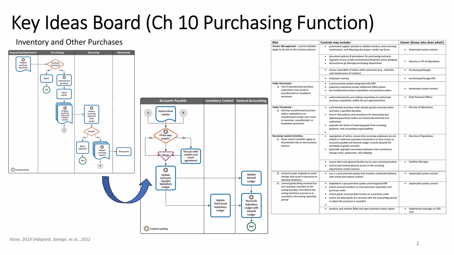If there's some kind of anomaly or discrepancy, we'll report it. We may reject the entire shipment if something is really off base with the shipment, but otherwise we're going to accept the order. And at that point, we're going to put the goods where they need to be stored and be available to the organization. And then the purchase order with the invoice.